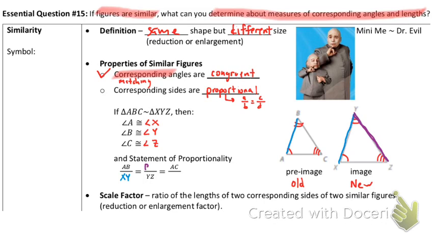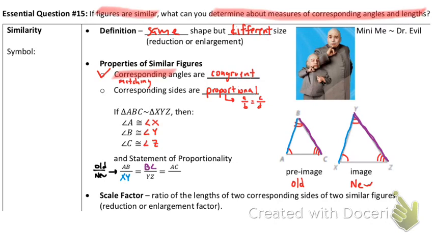So I can put BC here. And again, notice the way I'm setting up these ratios is old over new. So old part over new part. We want to keep that the same throughout all my ratios here.